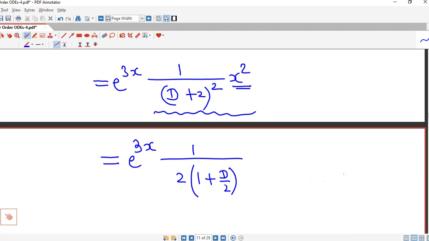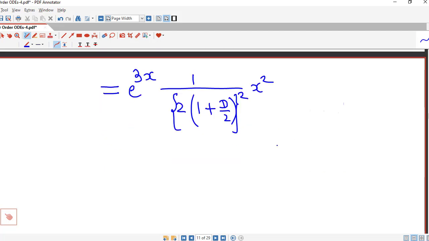If we multiply, we can check, we will obtain 2 plus d, or d plus 2 whole square. Because we have a square here and we are writing d plus 2 equal to 2 into 1 plus d by 2, it is in this square, and here we have x square.